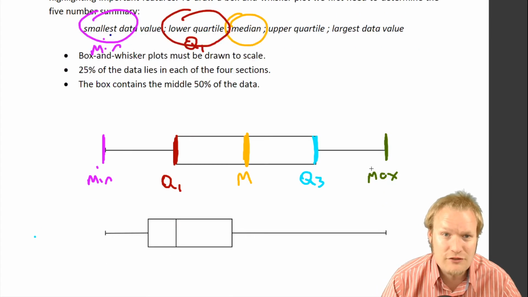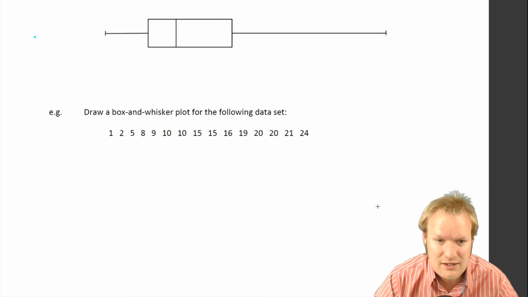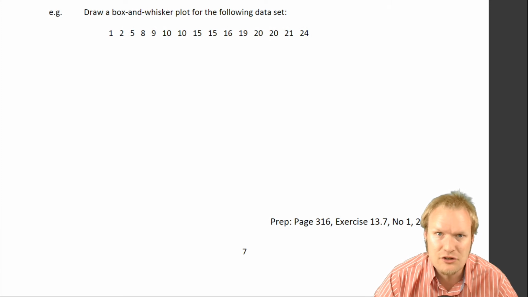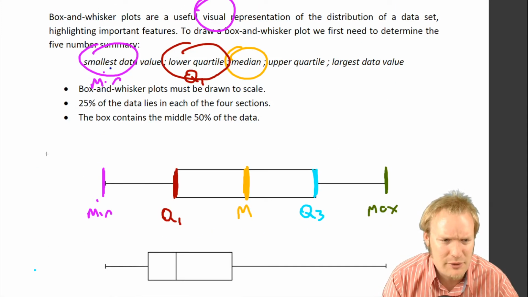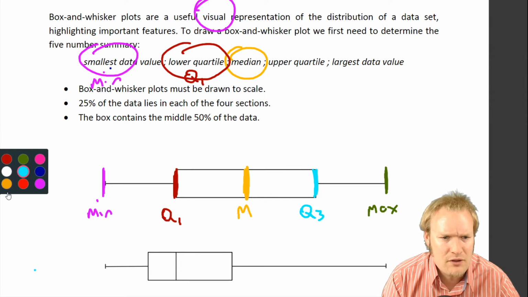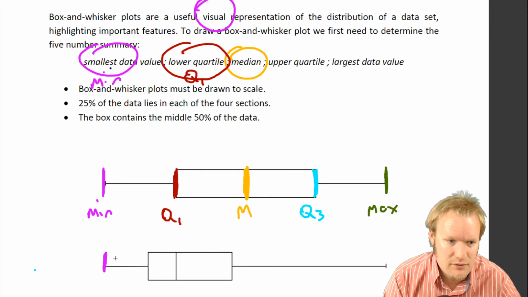And where this is useful, and I'm going to leave this for you to interpret, because the exercise is going to go in quite nicely to interpreting the data and trying to make sense of it, is what happens if we're given this data set? The same minimum and the same maximum.